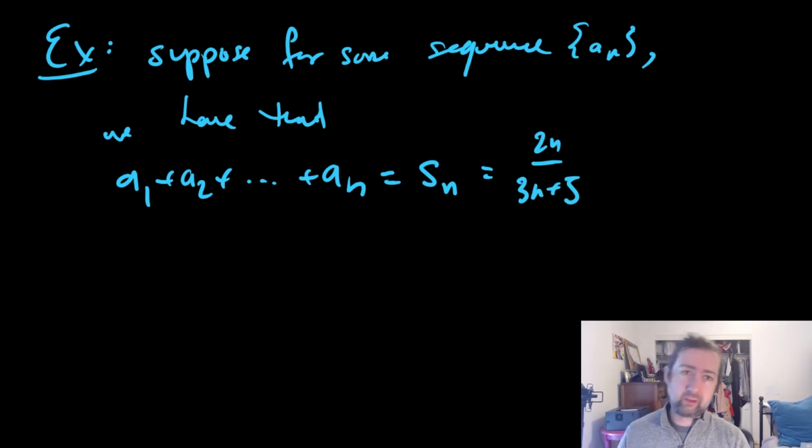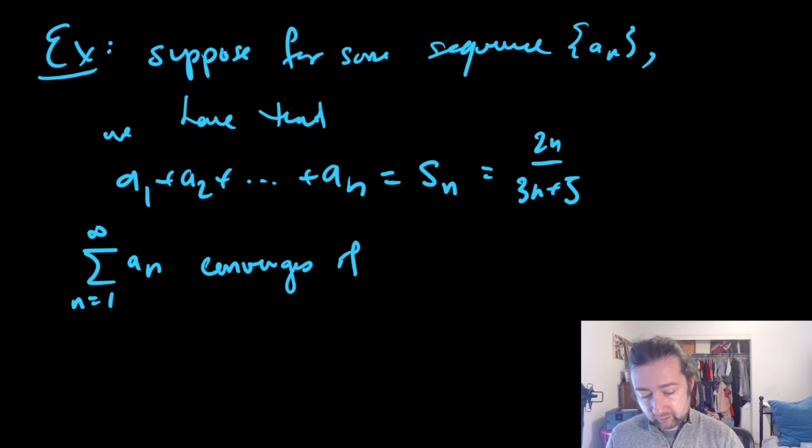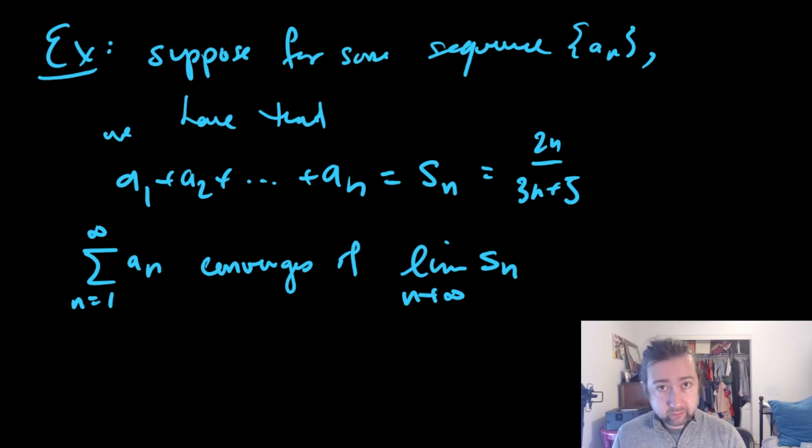If you do some math, you figure out that the first n terms of this particular sequence add up to that. What does the series converge to, and does it converge? Well, this will converge if the limit, as n goes to infinity, of the partial sums exists.